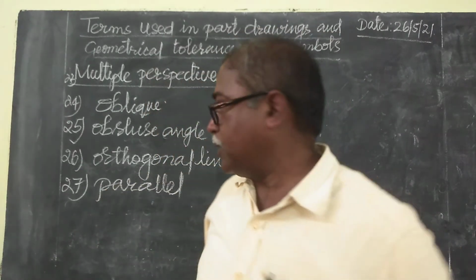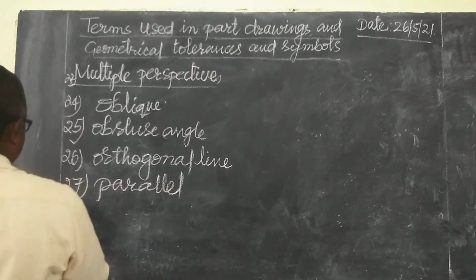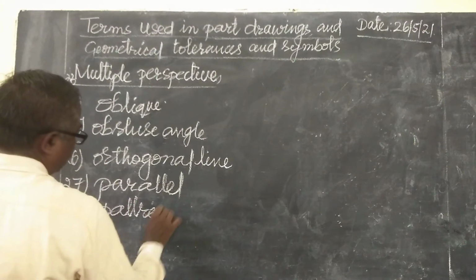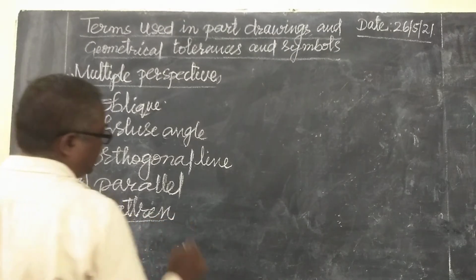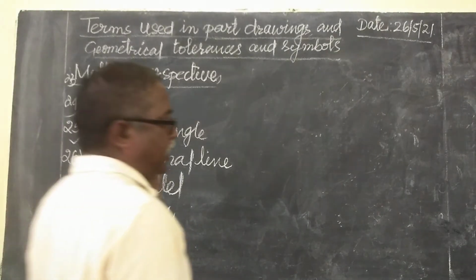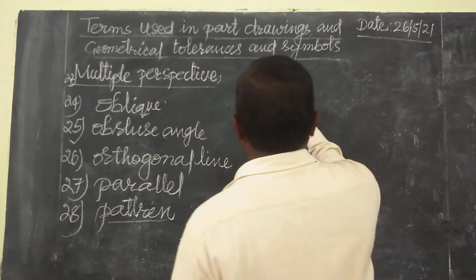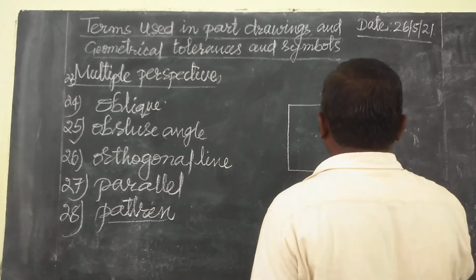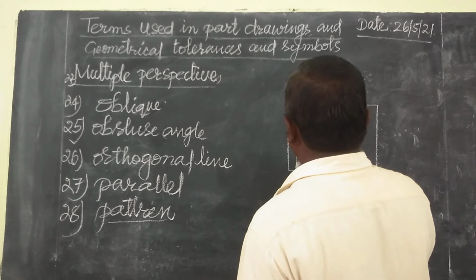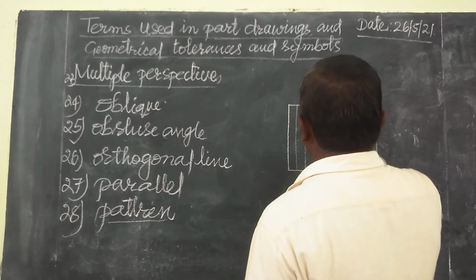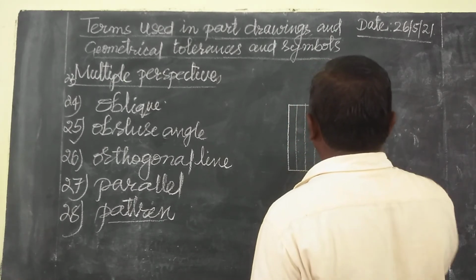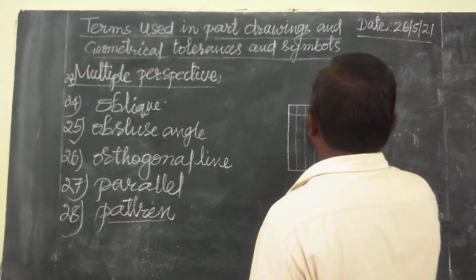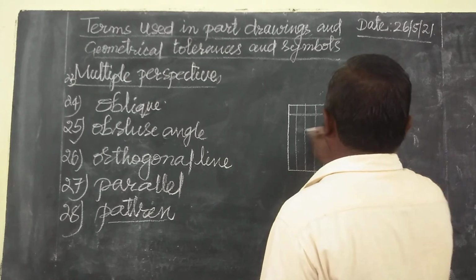Then pattern. This is 28, pattern. So what is this pattern? You see here, for example, this is like this. So whatever the distance you are taking, same distance, like this. You know very well, in case of knurling you learned everything about the pattern.